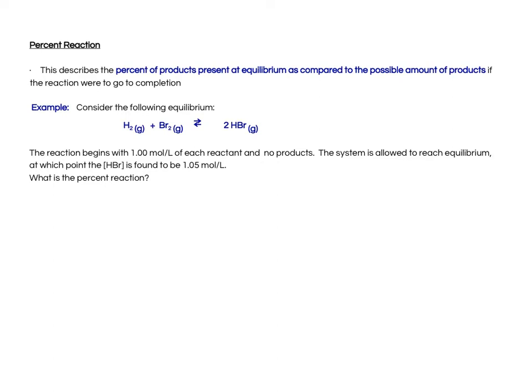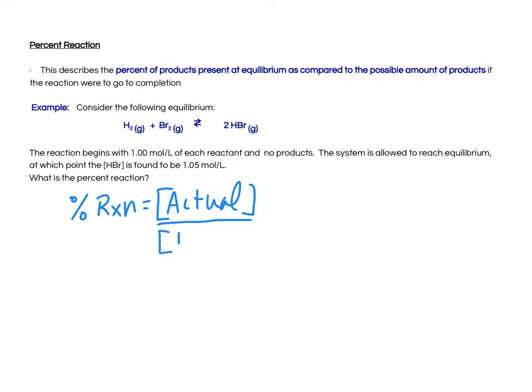So I know that the percent reaction is equal to the actual amount, in this case we're going to use concentration, divided by the theoretical or possible concentration if the reaction were going to completion, times 100. So the actual concentration is easy. They give that to us.